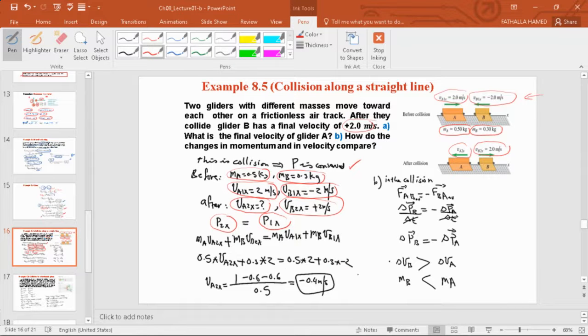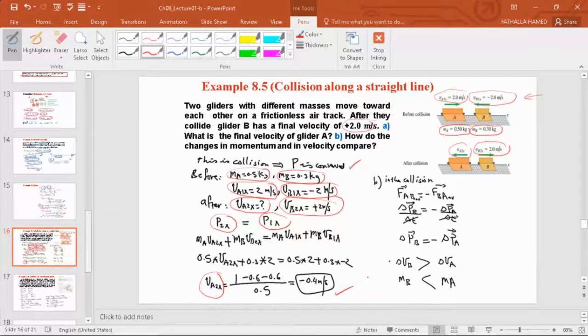The only thing that you don't know in this equation is VA2x, and VA2x will come as 1 minus 0.6 minus 0.6 over 0.5, and it gives you minus 0.4 meters per second. So now we know the velocity of mass A after the collision. Now we want to compare.